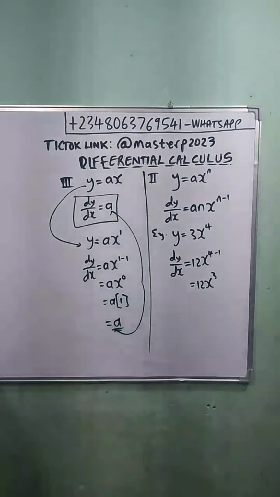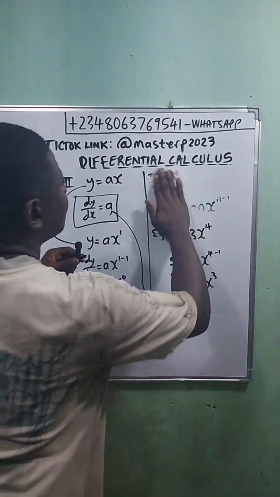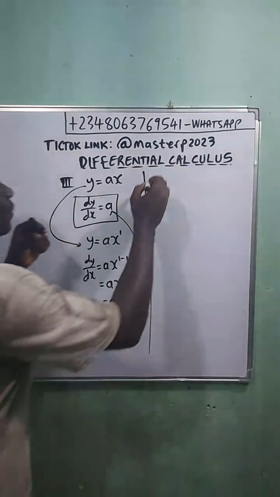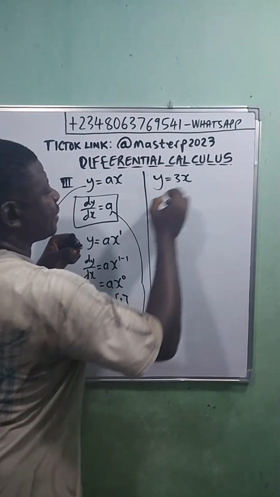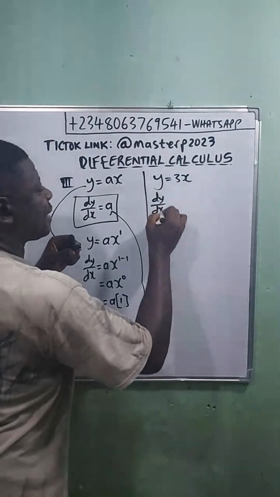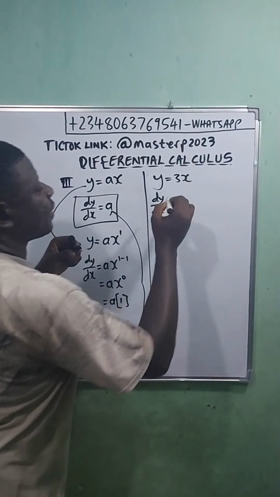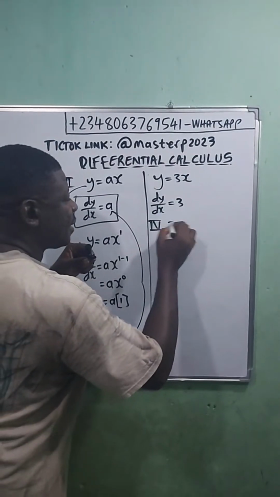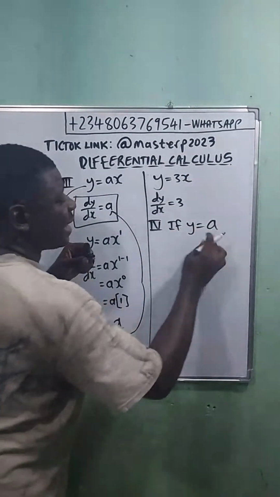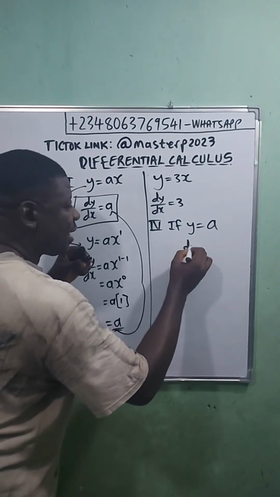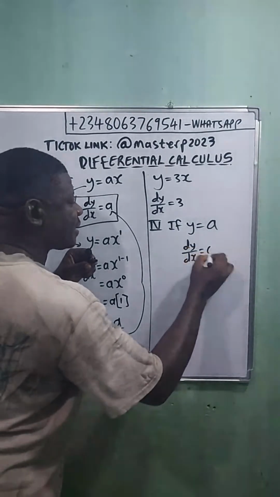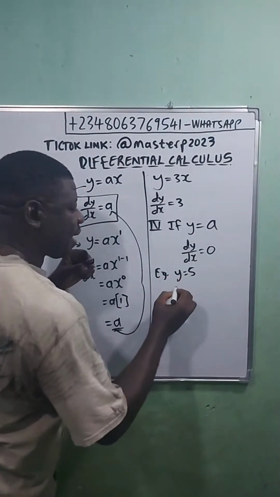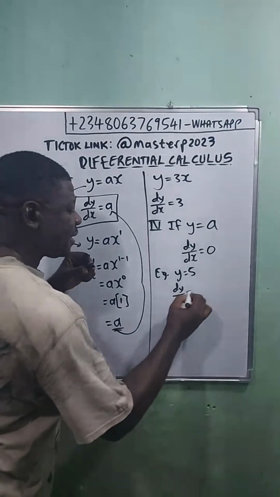Let's take an example on that. If I have y equals 3x, and I look for dy by dx, if you differentiate 3x, what you get is 3. Then the fourth one: if y equals a and a happens to be a constant, whenever you differentiate a constant, what you will get is 0. For example, y equals 5, dy by dx is going to be 0.